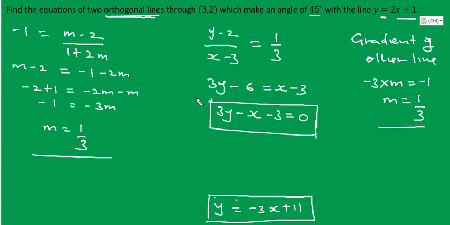Or, since they are making the same angle, that means if one line makes an angle 45, the other one makes an angle of negative 45. So you come back and you find the gradient from that angle which it makes with this other line.